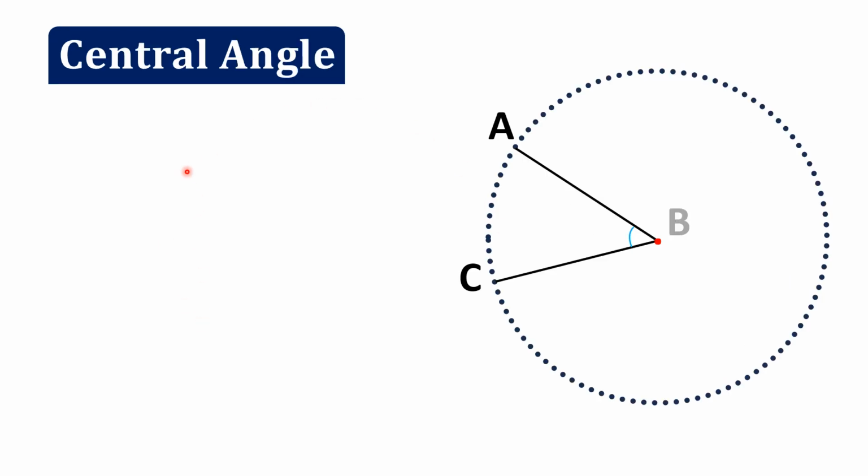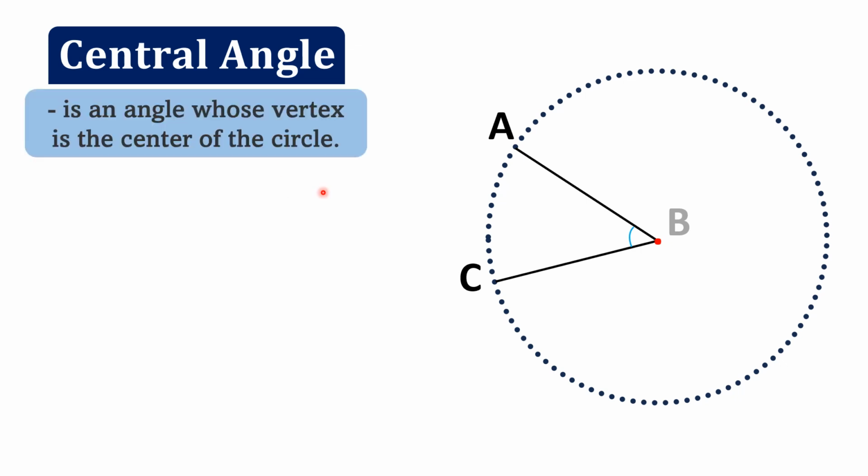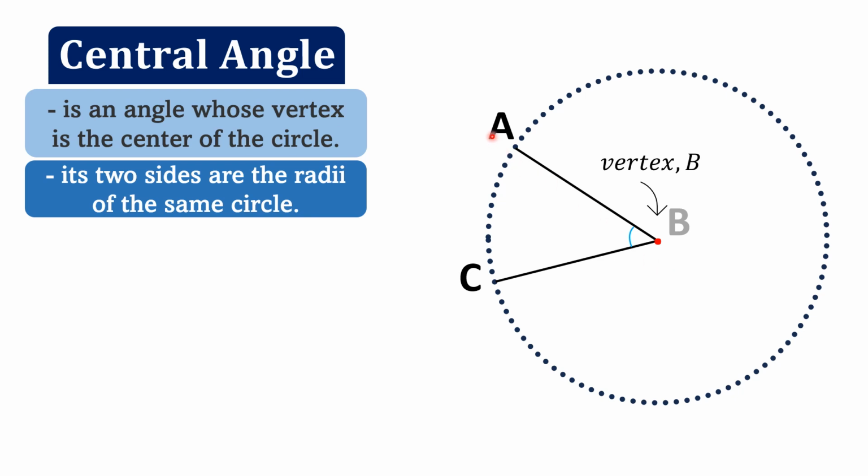Okay, next is the central angle. It is an angle whose vertex is the center of the circle. In this figure, the vertex is B. A central angle's sides are two radii of the same circle. The two sides of this central angle are segment BA and segment BC.